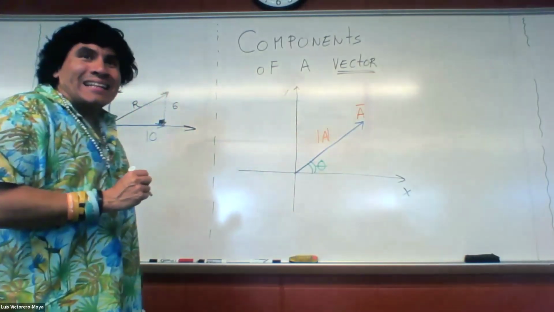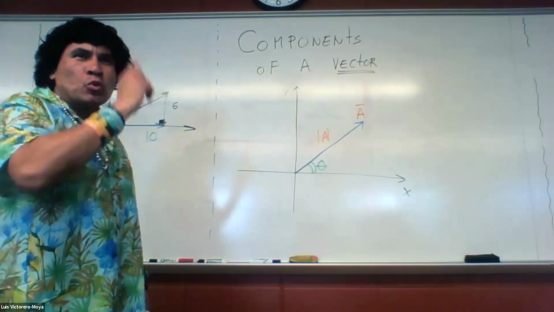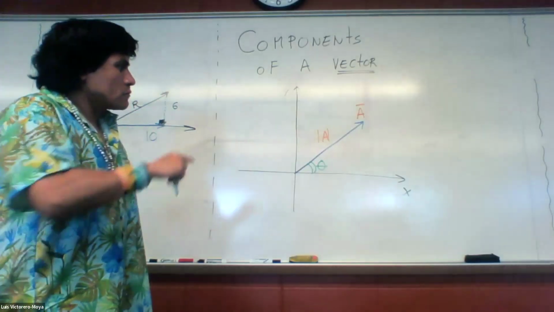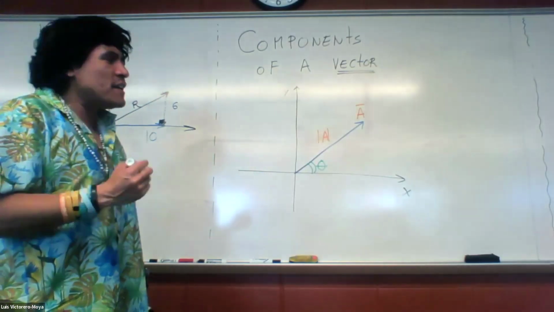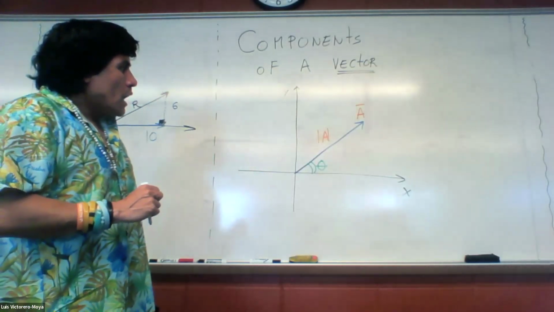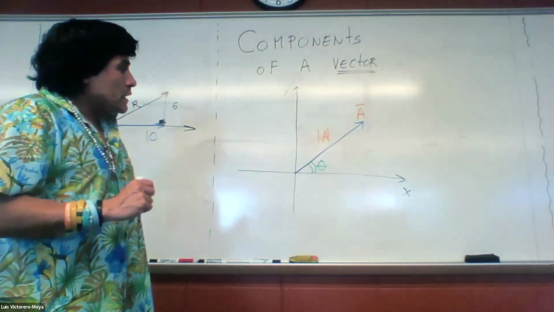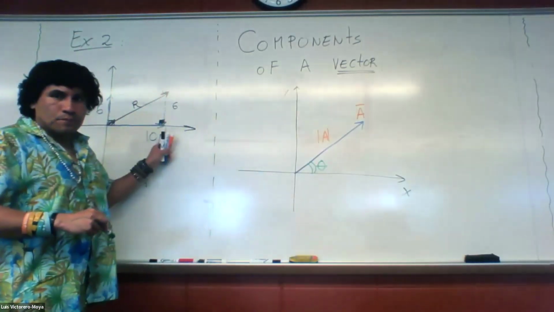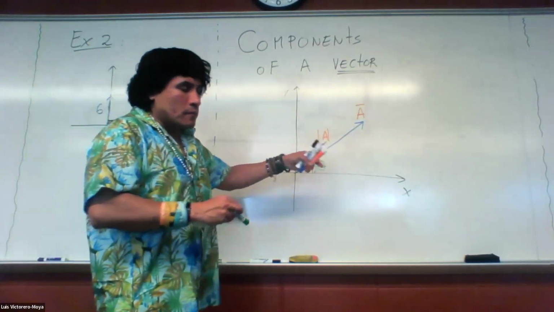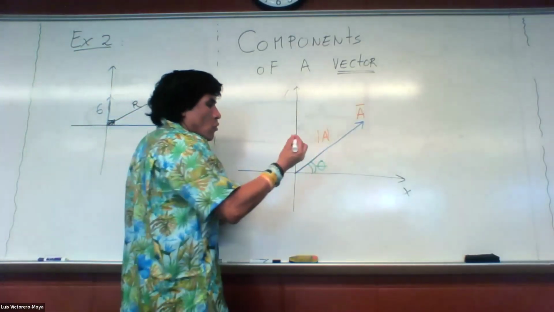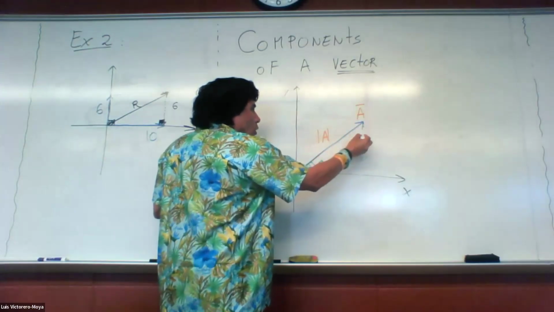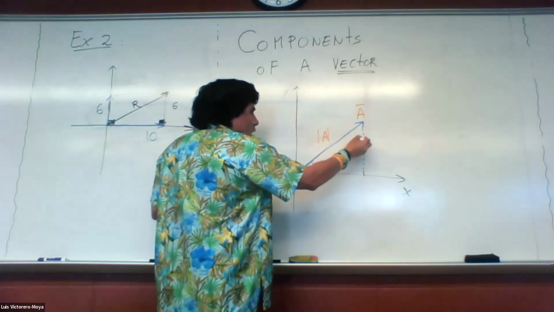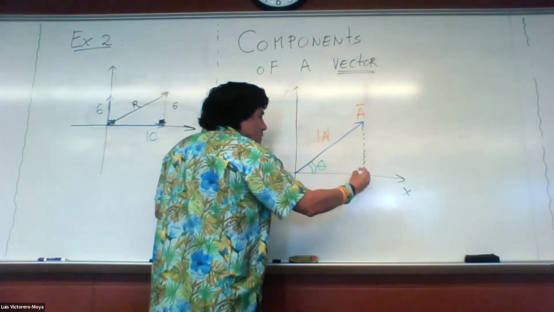So to add vectors analytically, when you have 2, 3, or more vectors, you use a coordinate system. It's easier and more effective. And for that, you need to find the components. So I want to do that in here. I'm going to project. Basically, that's what you do. You're doing a projection here on the x-axis.